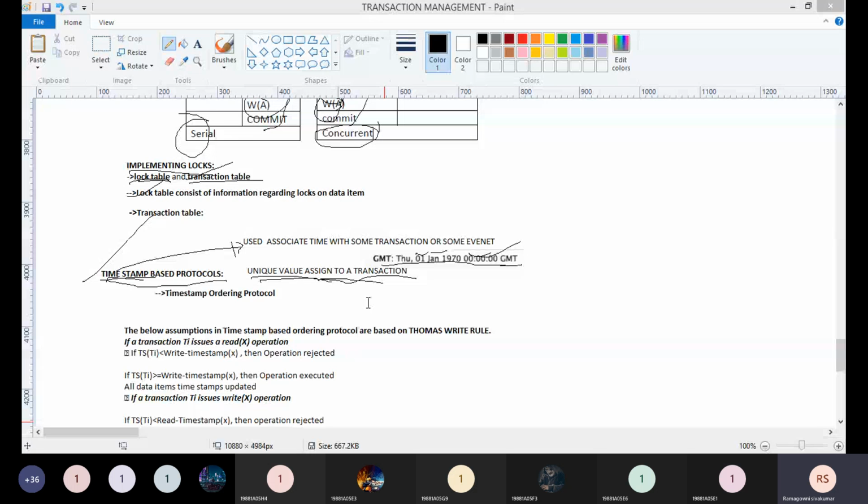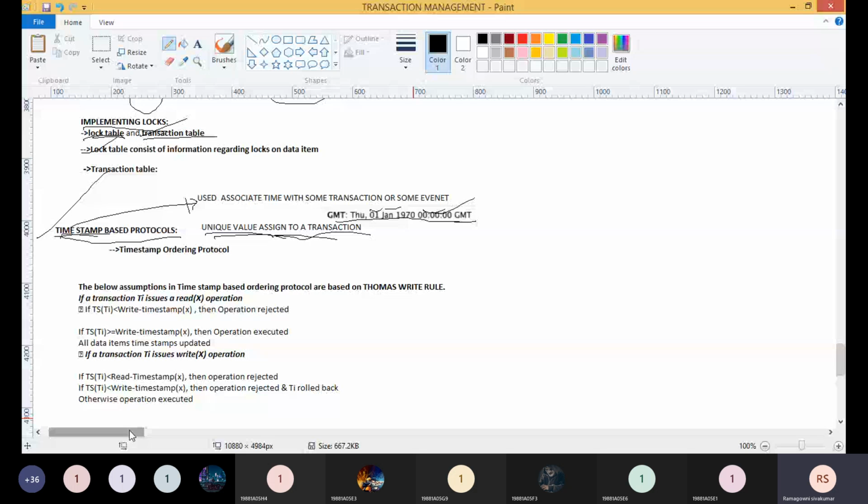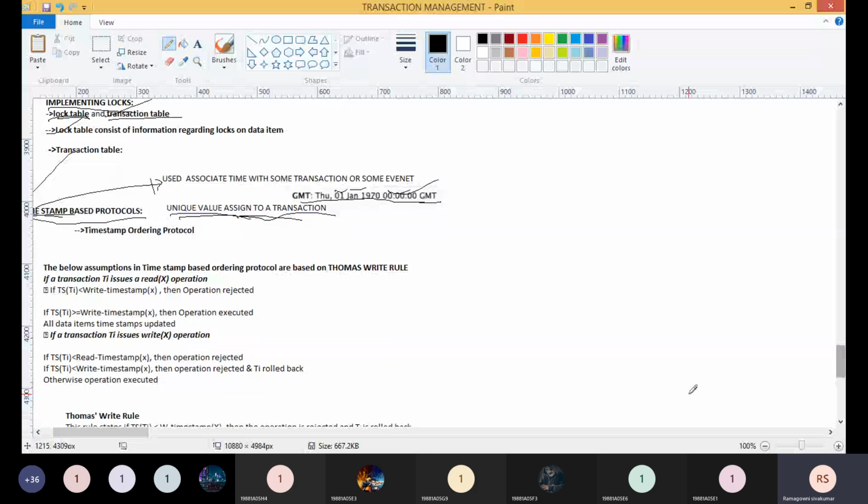No, sir, you are not getting. Is my screen visible to you? Yes, sir, screen is visible. Voice is not clear, it is stuck in the middle. We can't understand what you are saying. Okay, I will explain with the diagram, then you can understand.